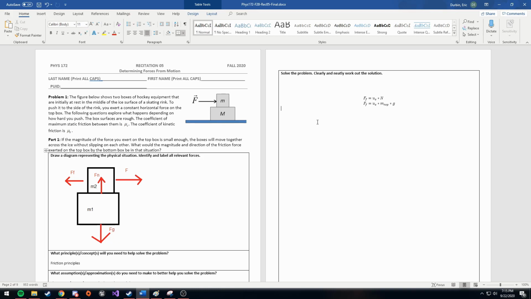But F net is 0, isn't it? Yeah, because in a static system, the net force is equal to 0.